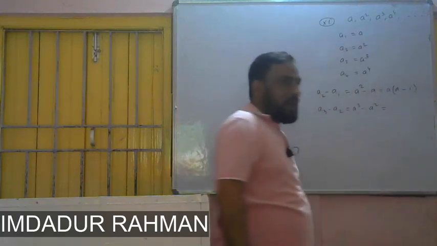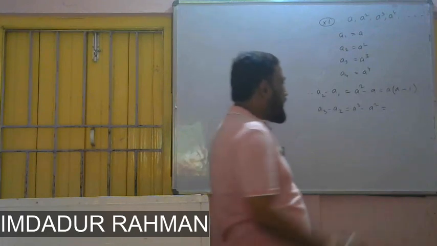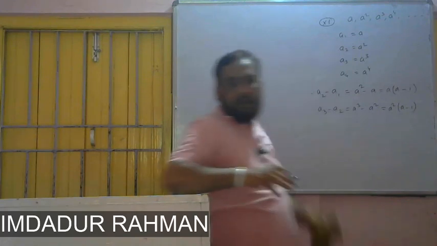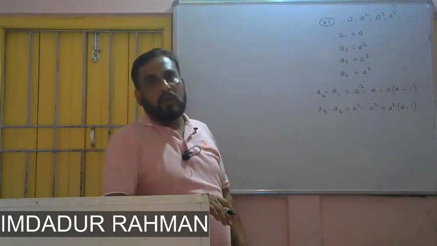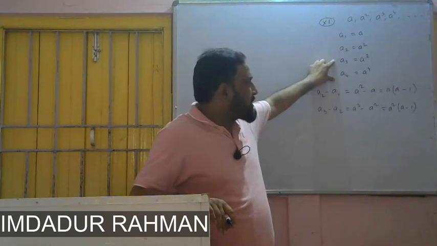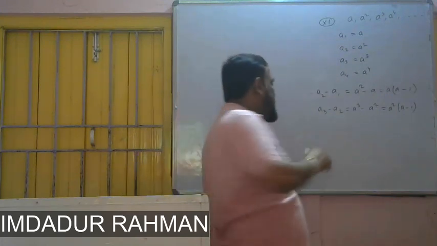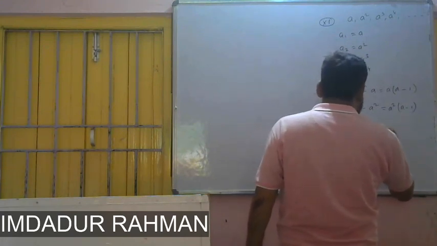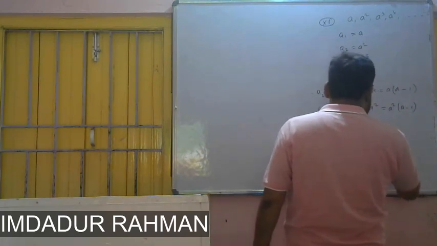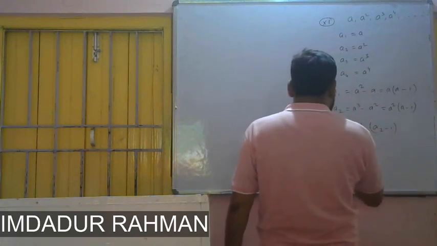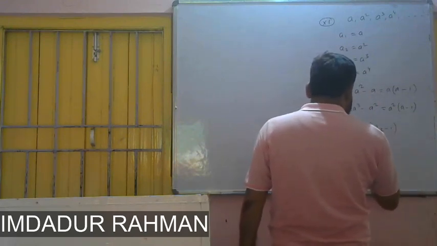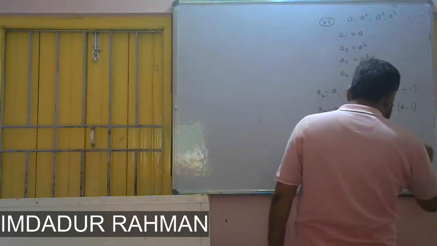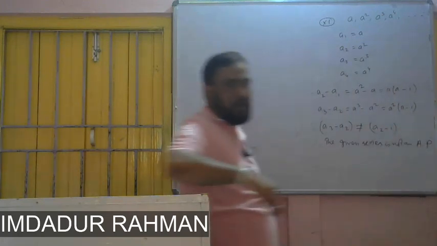So now what is common? a square is common. So a square into a minus 1. You see the two differences are not same. So we have no need to proceed for the next. We will conclude here, since a3 minus a2 is not equal to a2 minus a1, therefore the given series is not an AP, that is arithmetic progression.